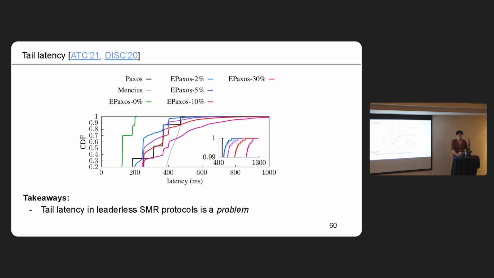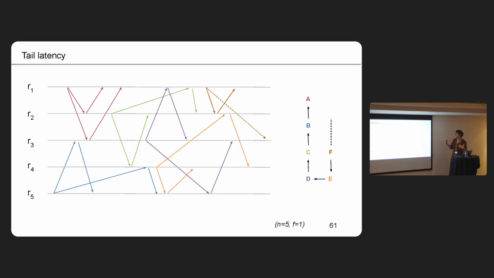For the worst case, but also as an illustration and a point of comparison with the next protocol, I've depicted here a graph in which you can see why there is a problem. In this graph, we have a chain of dependencies being formed.